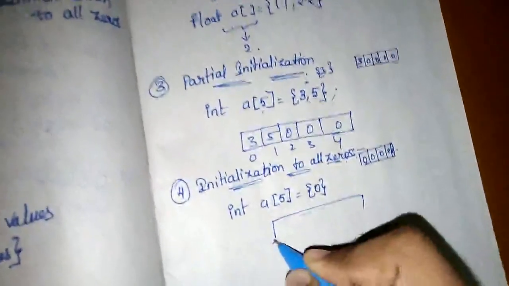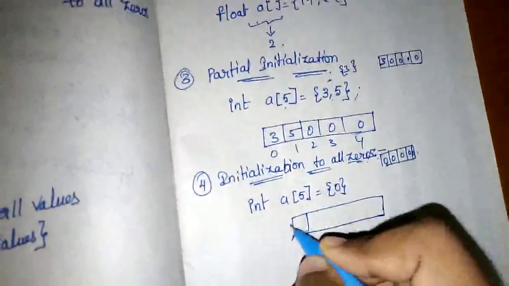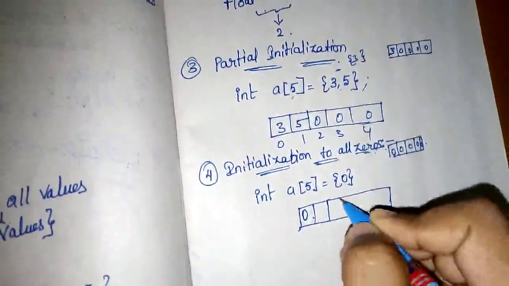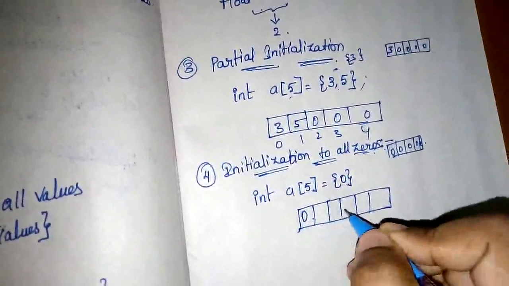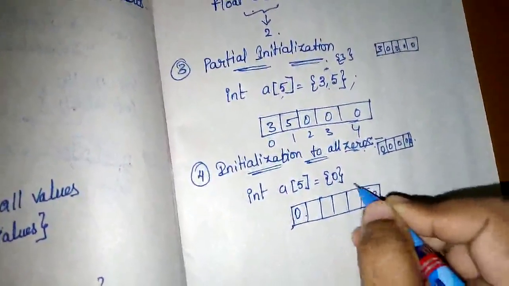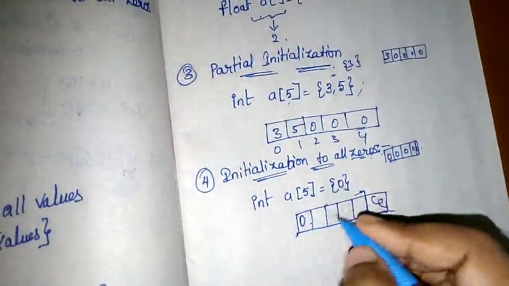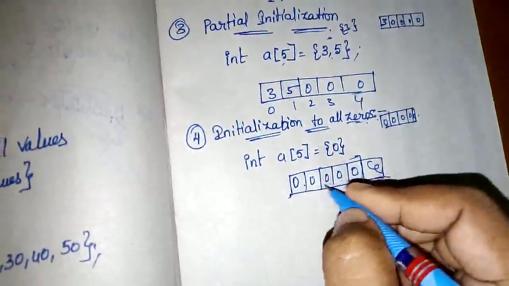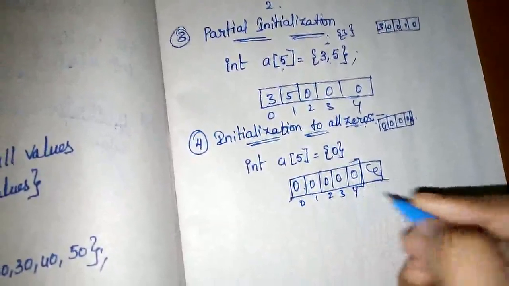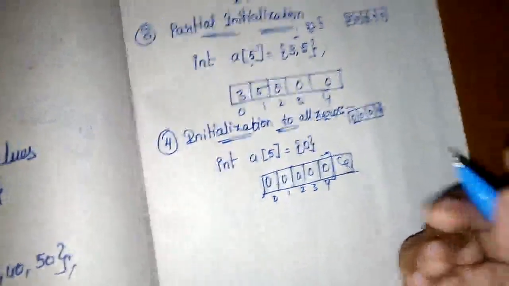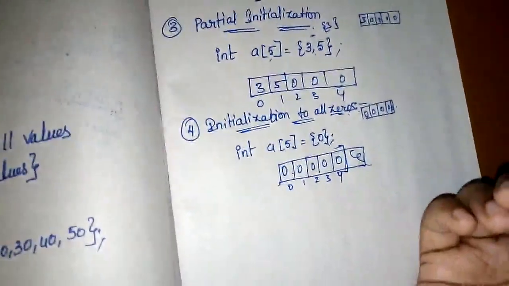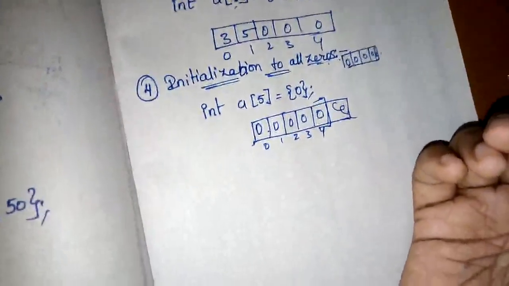So with this, the first element will be filled with the element you have given, that is 0, and the rest of the 5 elements we need will be filled with 0. So when you observe, the total array will be filled with zeros. So the partial initialization rule can be used here in order to store all the zeros into an array.